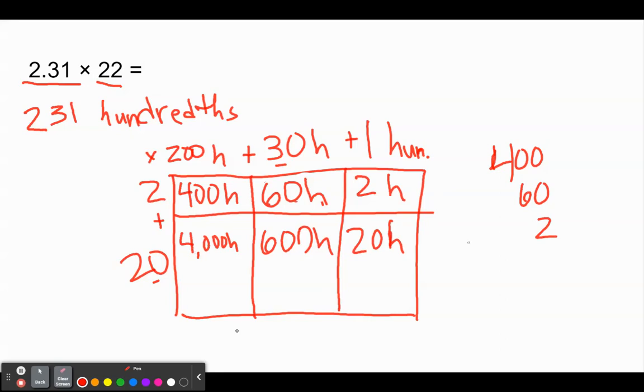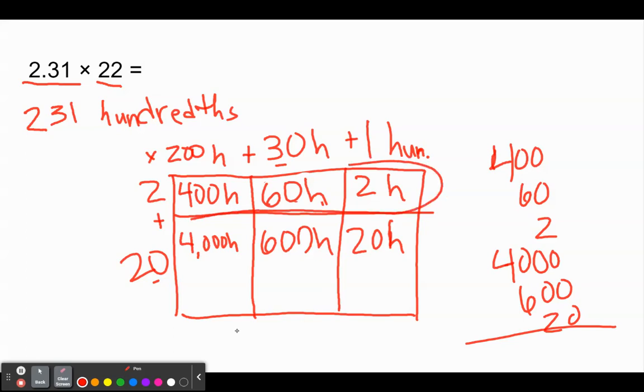And then I have to combine 4,000, 600, and 20 hundredths, which is 4,620. So I can go ahead and use a standard algorithm to add them all up this way, or I can combine these portions right here. So I have 400 plus 60 plus 2, which is going to give me 462 hundredths. 4,000 plus 600 plus 20, which is going to give me 4,620 hundredths. Now we can combine them all together.